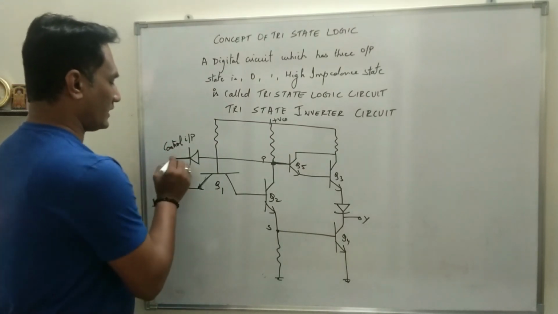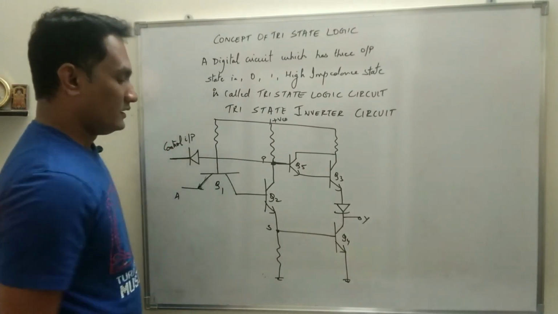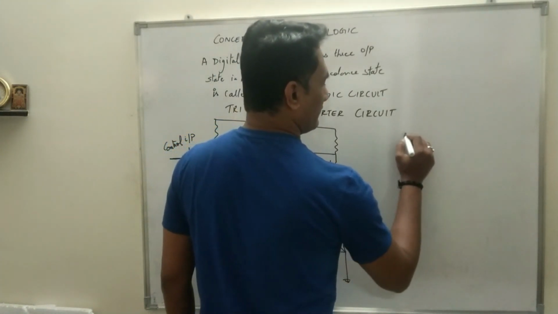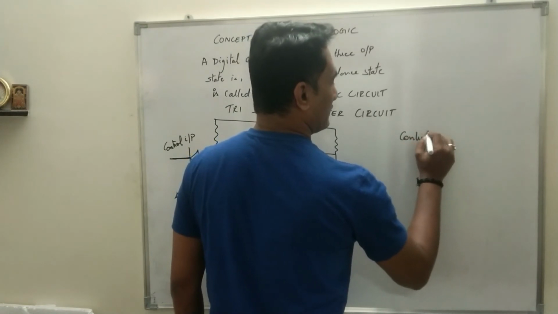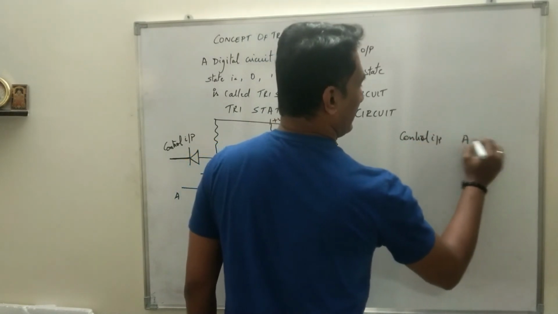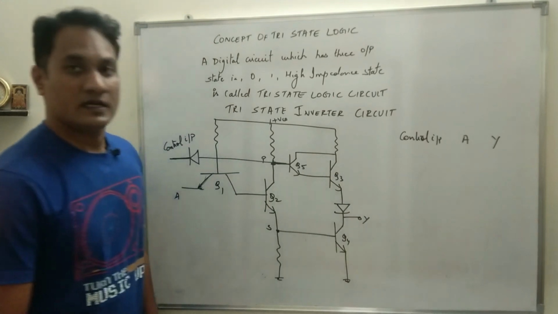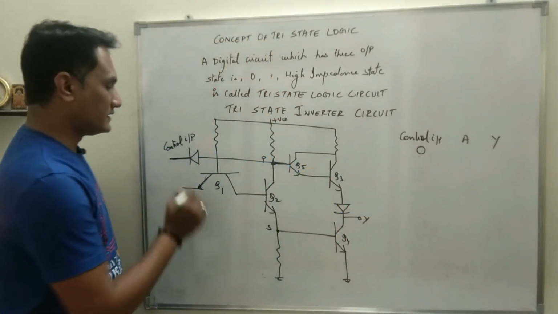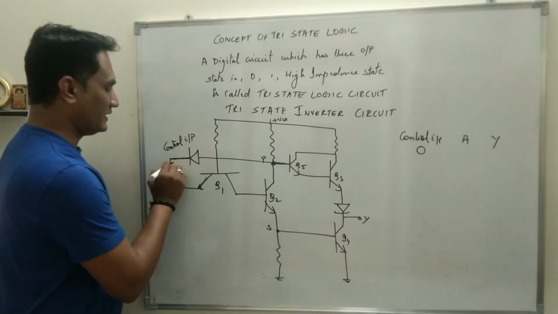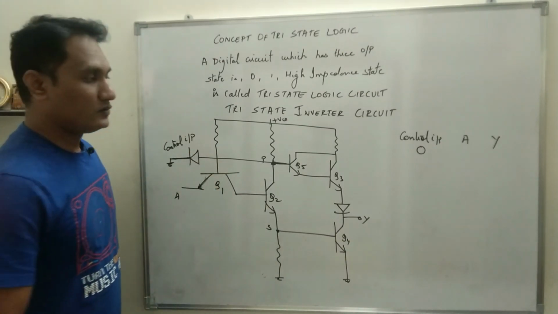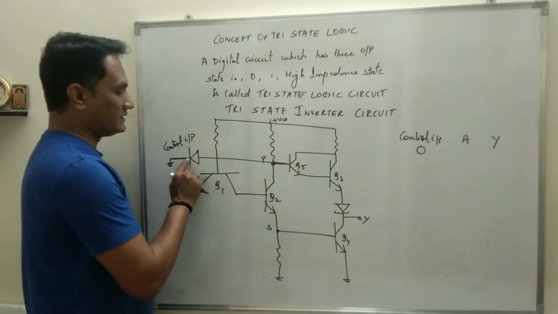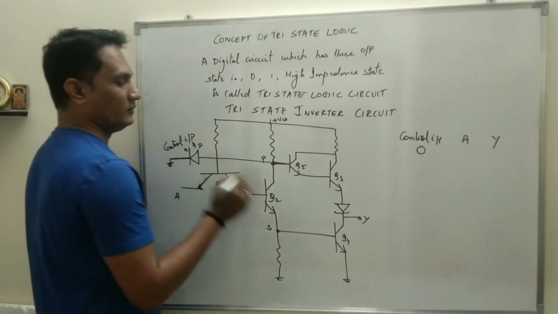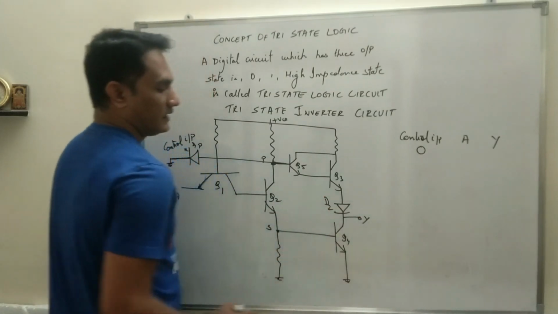Okay, to a control input. So now what happens is, in this circuit we have the condition as control input, A and Y. See, what happens is, until the control input is 0. Control input is 0 means this terminal is connected to ground. Now you see the condition of this PN junction diode. This is the N region, this is the P region. I will call this diode D1, I will call this diode D2.